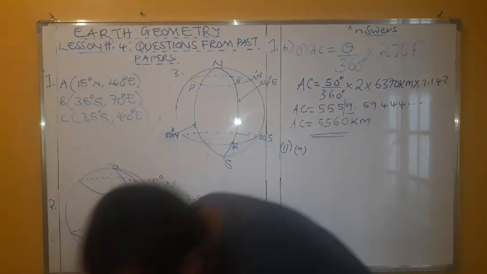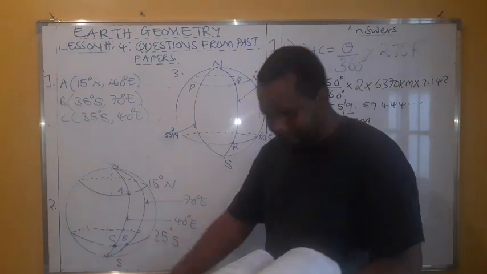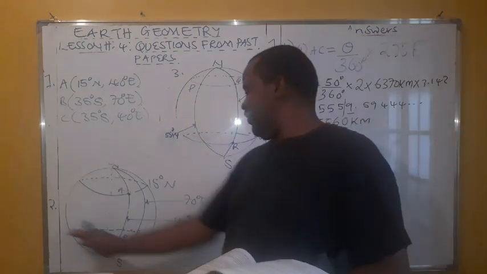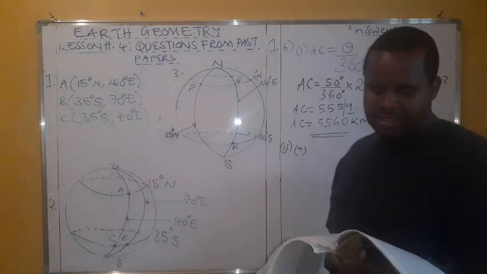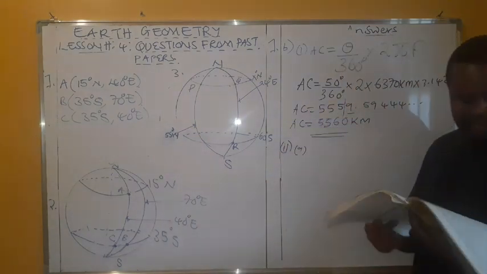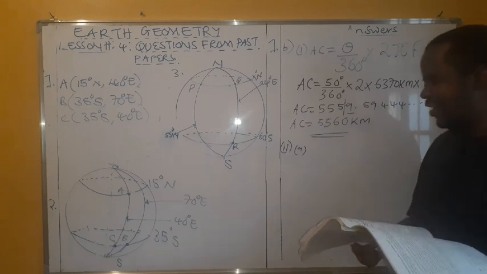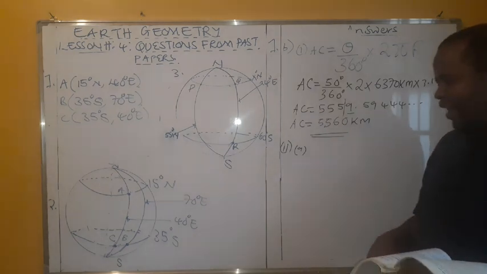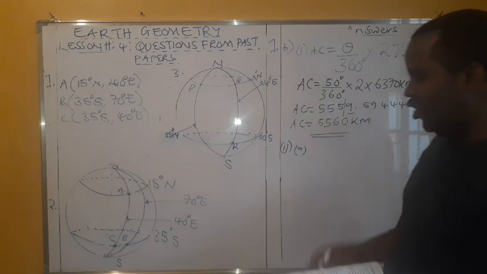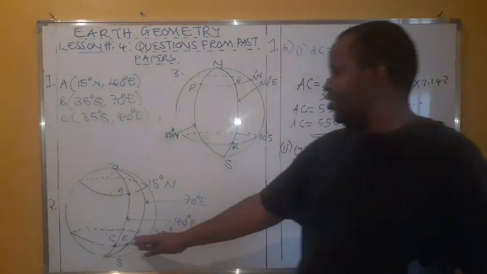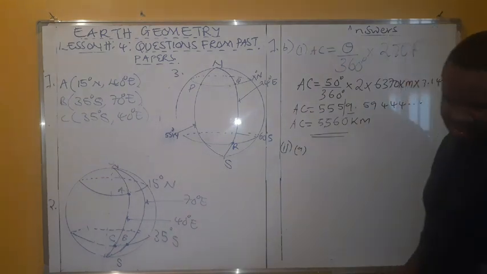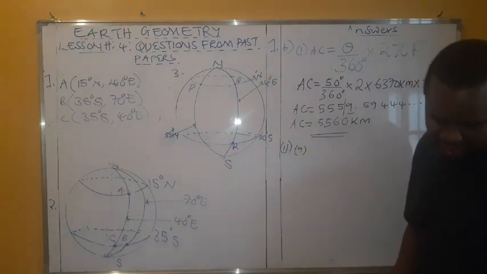So we are saying an airplane takes off from point B and flies due west, to the left hand side, on the same latitude, covering a distance of 900 kilometers to a point Q. So now, A, calculate the difference in longitudes between B and Q. The distance between B and Q is 900 kilometers.